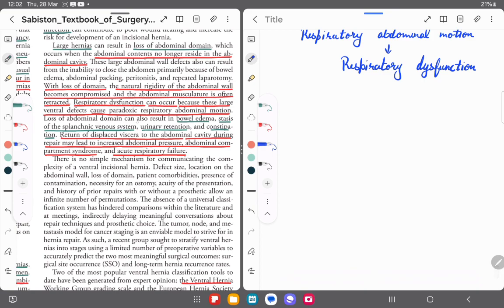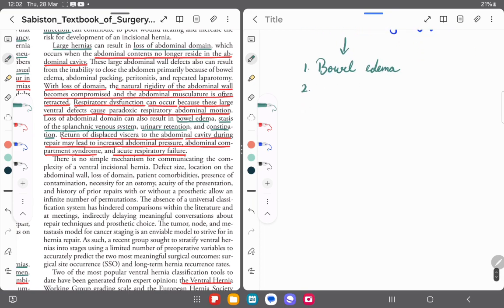And then loss of abdominal domain can also result in bowel edema, stasis of the splanchnic venous system, urinary retention, and constipation. So what else does it cause? Loss of domain: number 1 is bowel edema. Number 2, it can cause stasis of the splanchnic venous system.